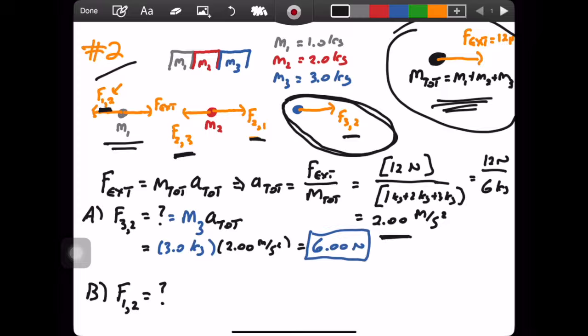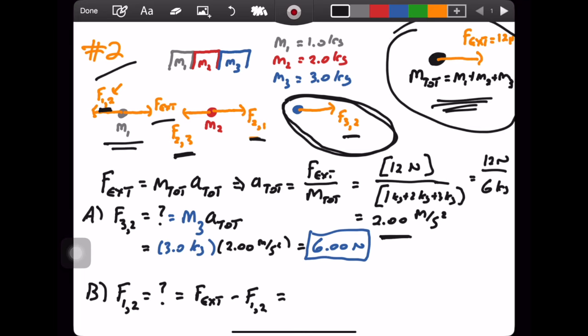If we let positive be to the right, as we typically do, then we have the external force being positive to the right, that's this right here, minus the force on 1 from 2. Those are the 2 forces acting. They're both horizontal. One's positive to the right, one's negative to the left.